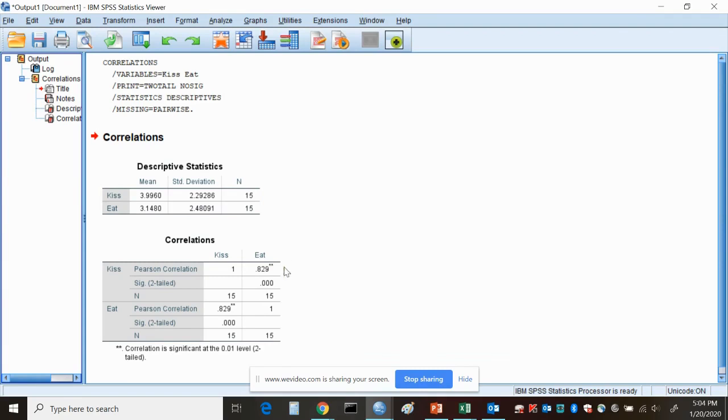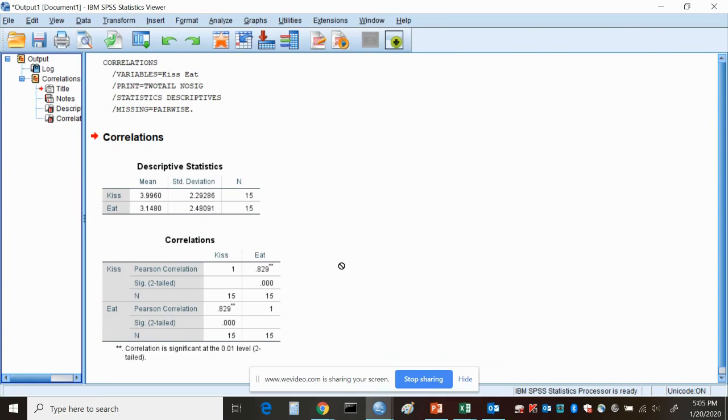And you see from the correlation of 0.829 that these two variables are highly correlated. If you recall from the lesson, a correlation ranges from either 0, which is no correlation or association at all, to +1, which is a perfect positive correlation, or -1, which is a perfect negative correlation.